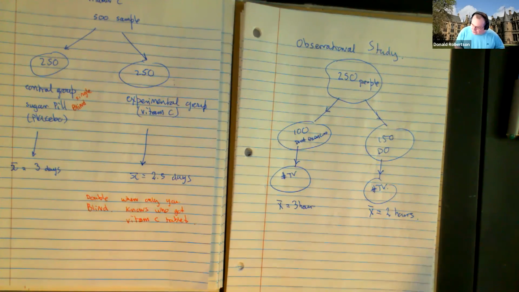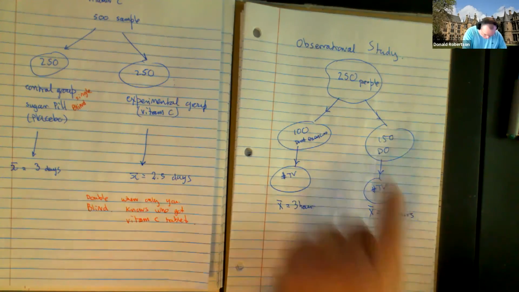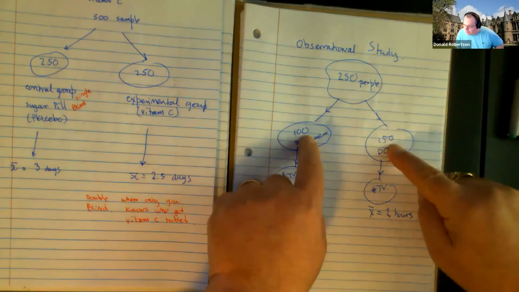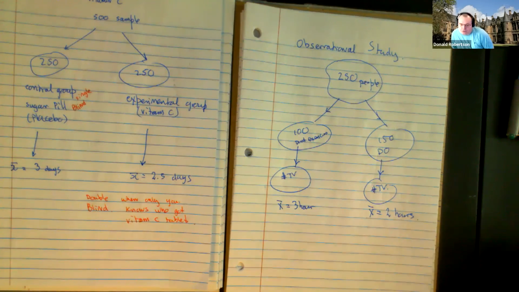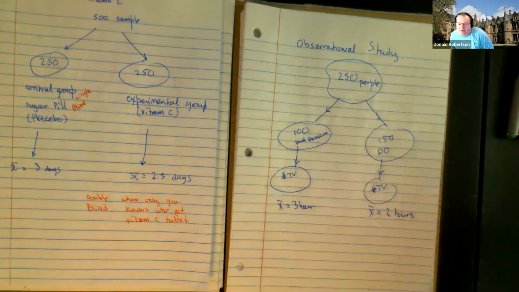But because it was an observational study, you had no control of how these people did what they chose to do. They argued quite successfully, most of the cigarette companies did, that that isn't evidence. And you would say, well, why not? Well, we agree that people who smoke a lot do get lung cancer more often than people who don't, right? Because the numbers tell me that.